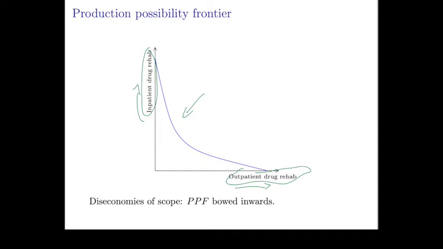And this denotes diseconomies of scope. So the more you do of one, the more expensive it gets to do the other, or the less productive you are at doing the other. So this is how these production possibility frontiers allow us to visualize whether there's economies of scope or diseconomies of scope.